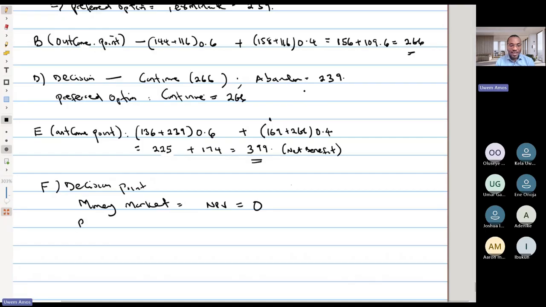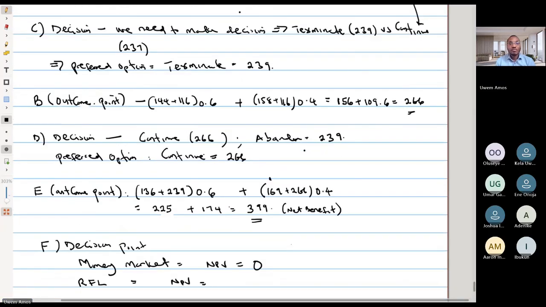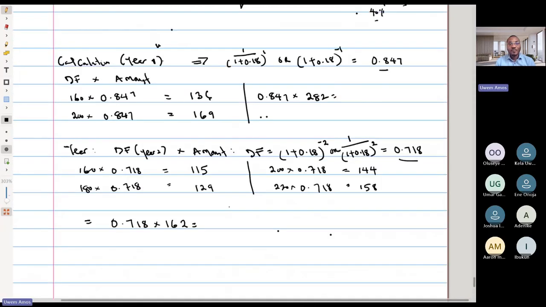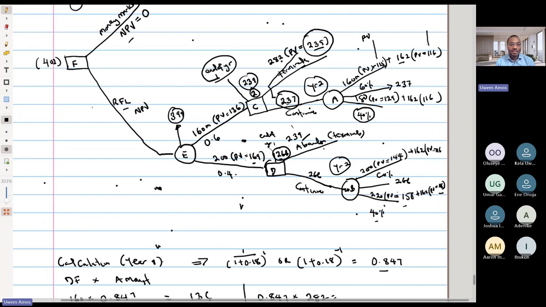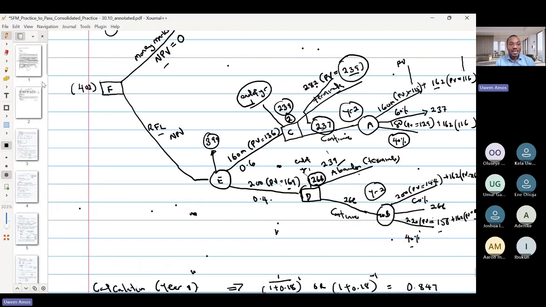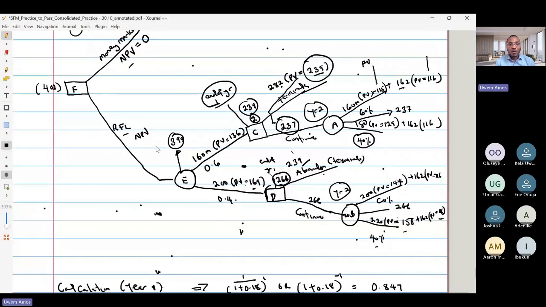Now, if we invest in RFL, what would be our NPV? If we invest in RFL, which is this line, at point E, our net benefit is 399. So that's our value at point E, 399. However, how much are we going to spend? How much investment do we need to put into the business? Our initial capital outlay is 402.